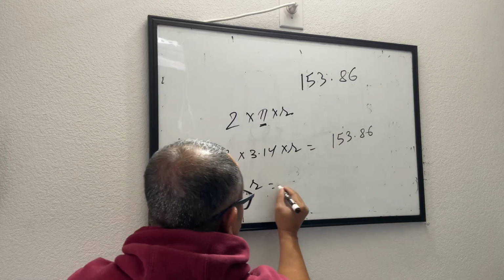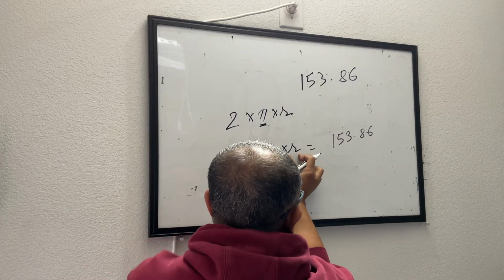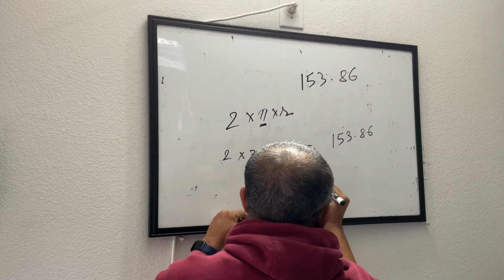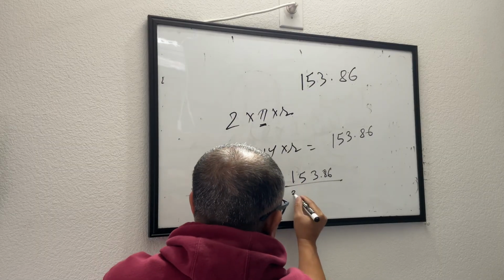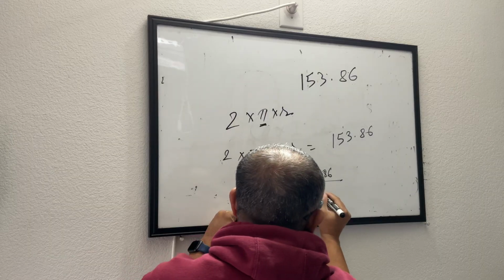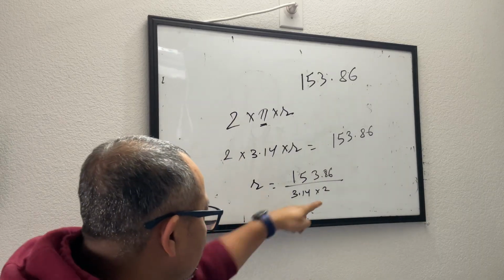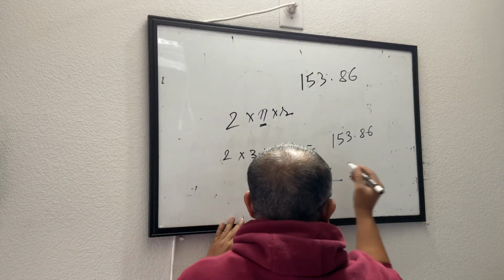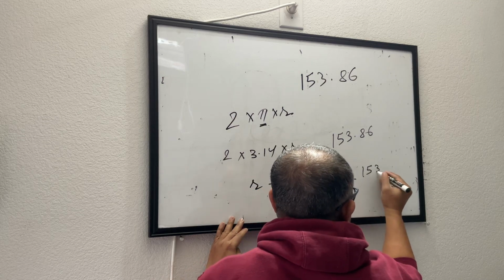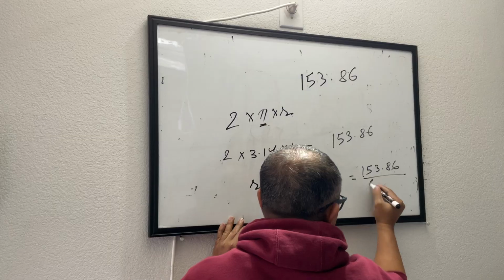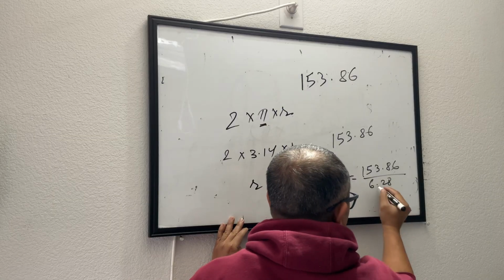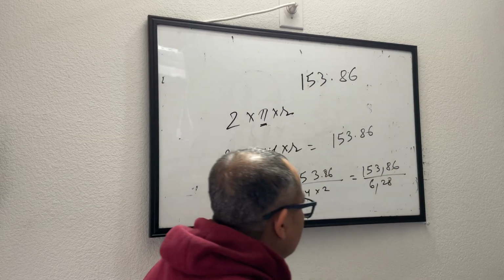So the radius will be equal to, if I am keeping radius only this side, then everything else goes back to here, to 3.14 into 2. That's it. So this will be 153.86 divided by 3.14 into 2. That will be 6.28. And from that you can figure it out.